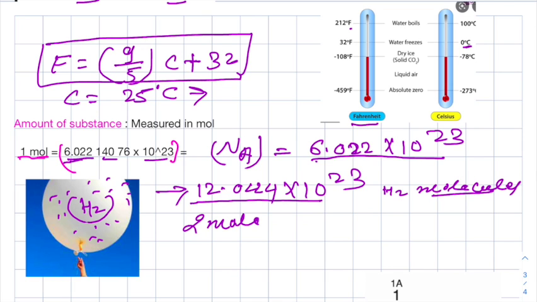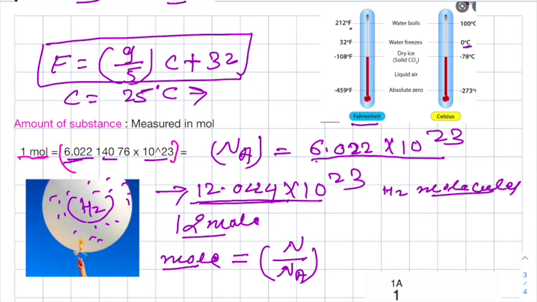So what is the relation? The number of moles equals the number of particles divided by Avogadro's number. This is the fixed number. Always calculate.